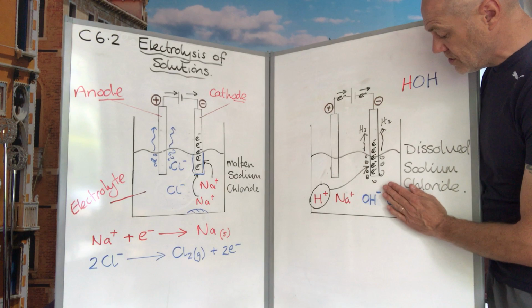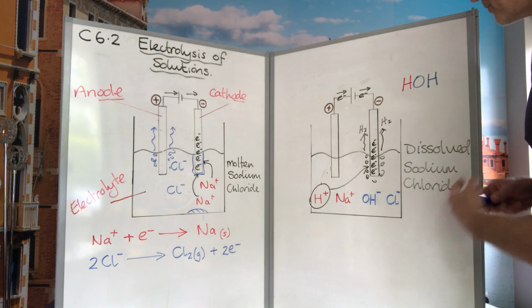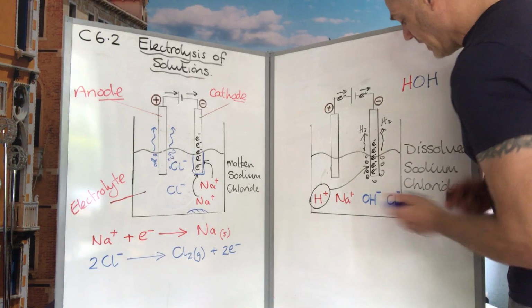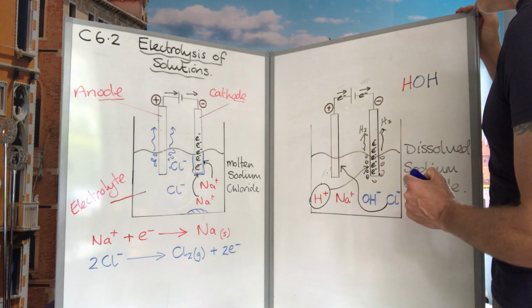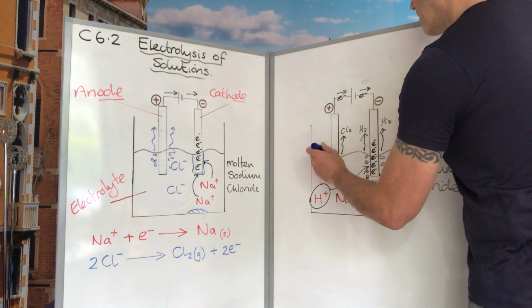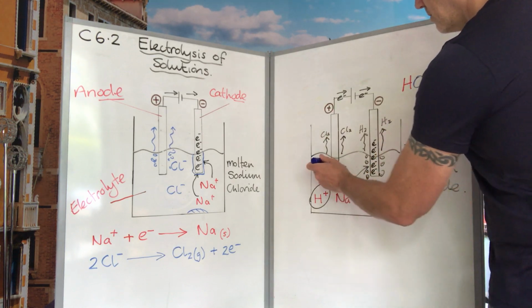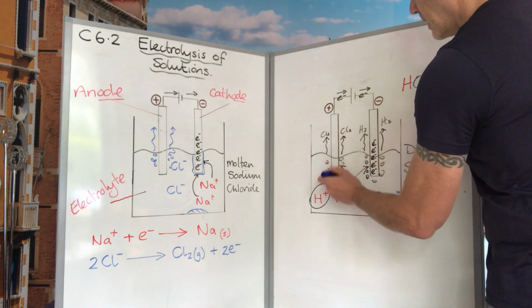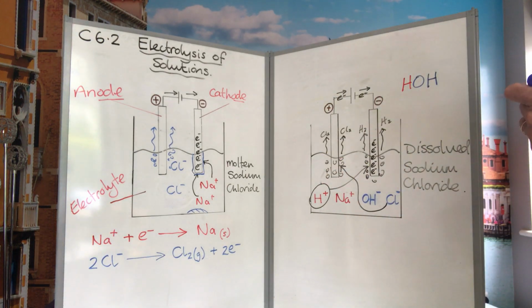If there is no halogen, oxygen is given off. So in this case, because we've got a halogen, that will be given off at the positive electrode, and we get chlorine gas coming off. Okay, so some simple rules here that you need to follow.